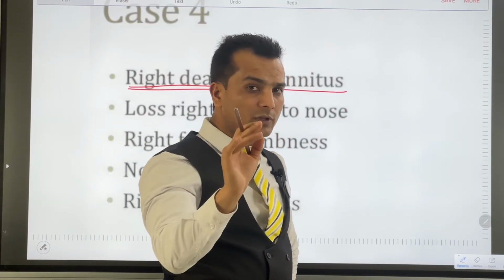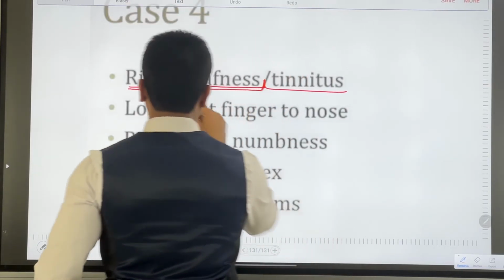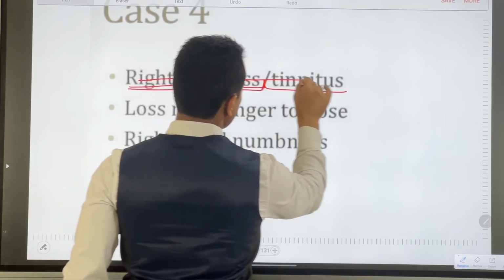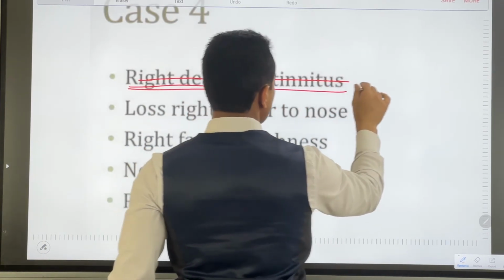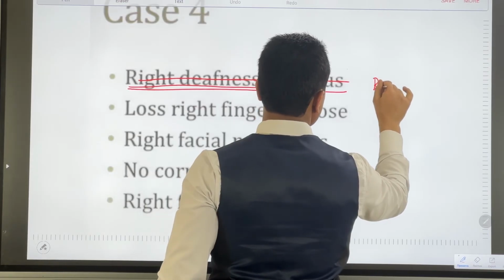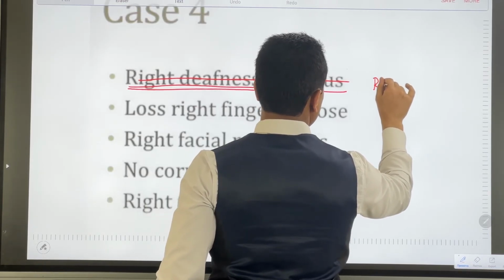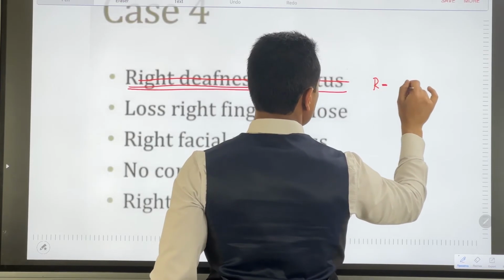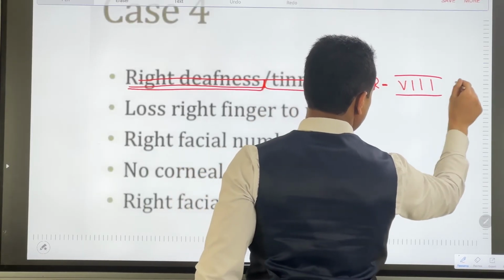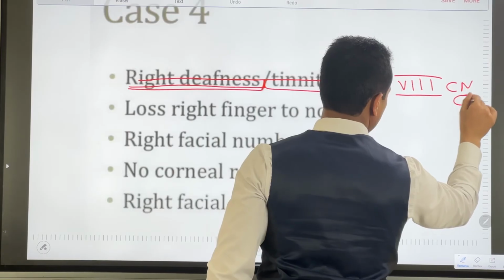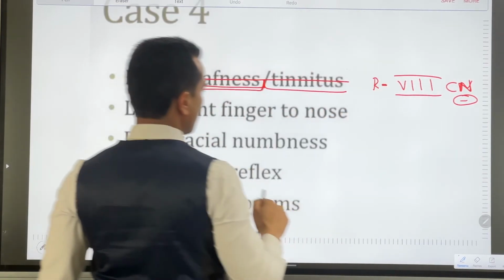It's talking about the vestibulocochlear nerve. So right deafness and tinnitus means right-side brainstem injury at the level of the pontomedullary junction, and this is injury to cranial nerve number 8, that is your vestibulocochlear nerve.